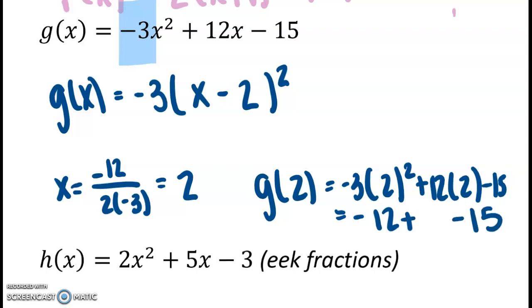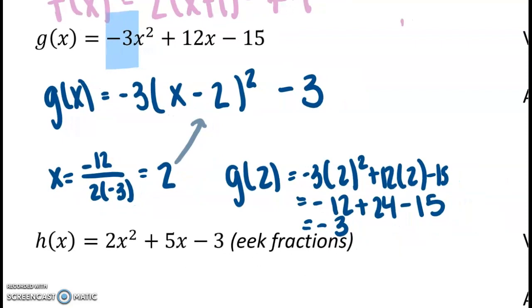I said 24, but I wrote 12. So -12 plus 24 takes you to 12, and 12 minus 15 is -3. So -3. Remember, it's the opposite of what goes inside of your parentheses and the same as what goes out.